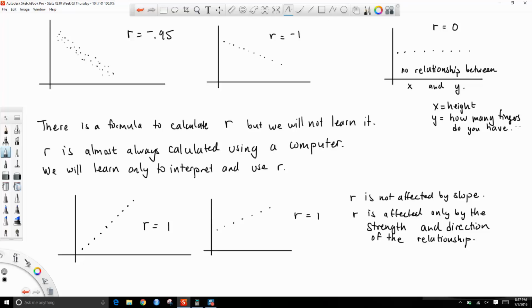Maybe you surveyed 50 people, and all 50 people happen to have all 10 fingers. Will you see a relationship between someone's height and the number of fingers? No. You're going to have tall people with 10 fingers, short people with 10 fingers. So it would not be correct to try to create a linear model here. There's no relationship between X and Y in that scenario.